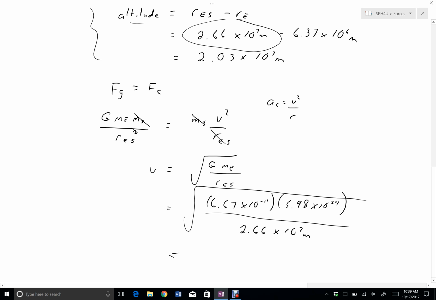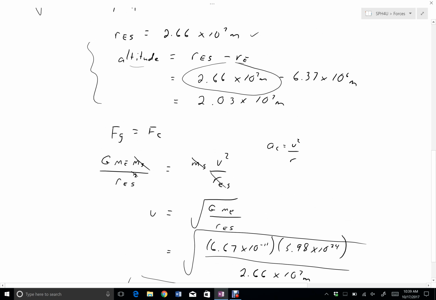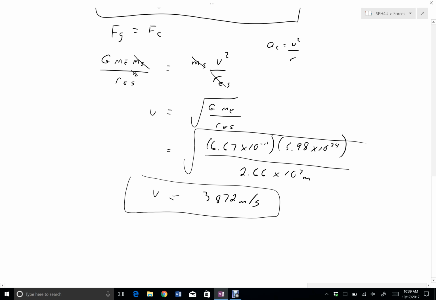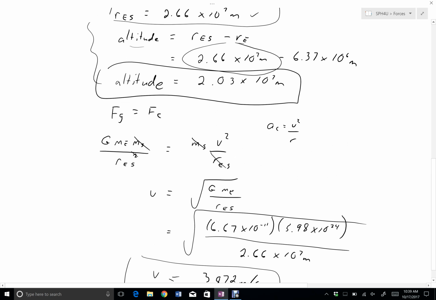And I get 3,872 meters per second. So that's the speed I'd need to be going at. So I have my altitude, or if you just want the radius of the circular motion, and my speed. And if I have that speed at that radius, then the force of gravity will just be enough to maintain a stable circular orbit or a stable orbit.